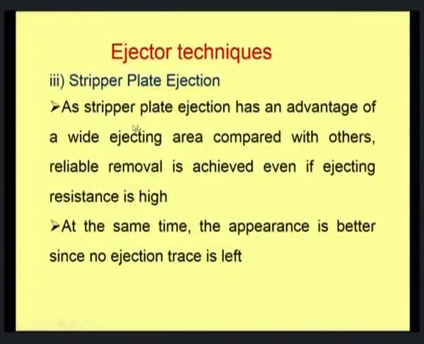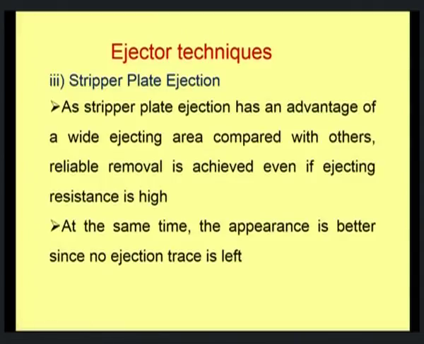Next, the stripper plate ejection. A stripper plate ejection has the advantage of a wide ejecting area compared with the others. So, reliable removal is achieved even if ejecting resistance is high. Some of the polymeric melts will tend to adhere to the core or to the mold cavity, so the release resistance would be very high for such products.